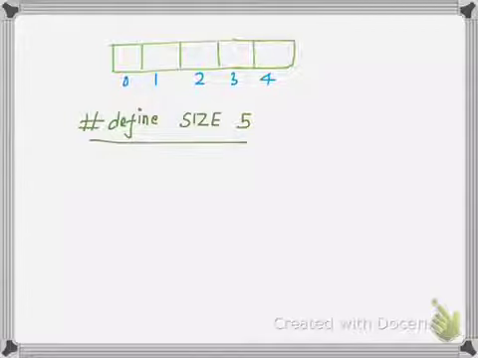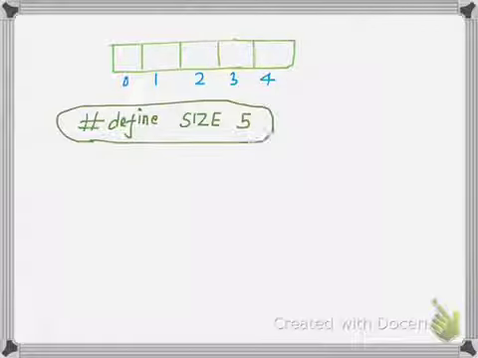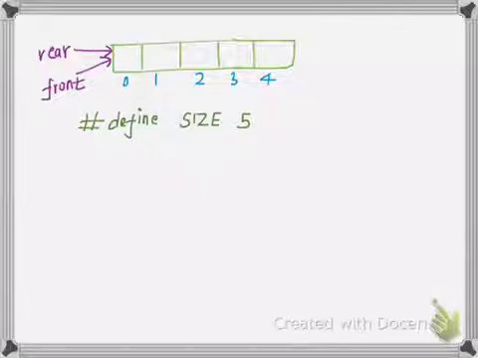This we're going to write at the top where we declare our header files in C programming. Initially both rear and front variables are pointing to memory location 0. So let me declare these two variables, and these are of type integer.